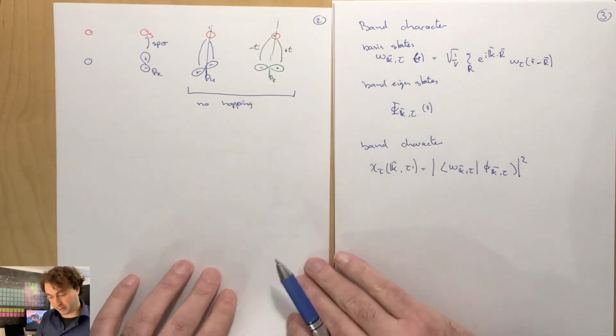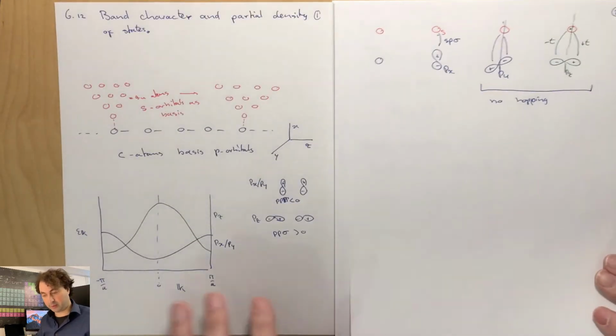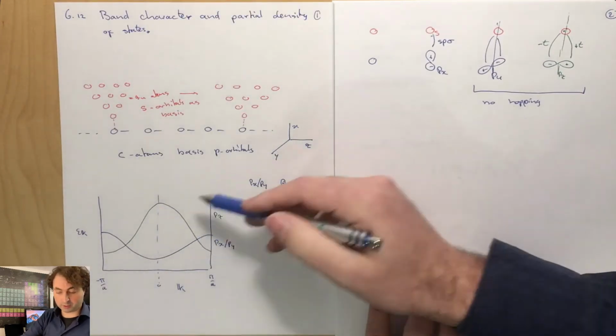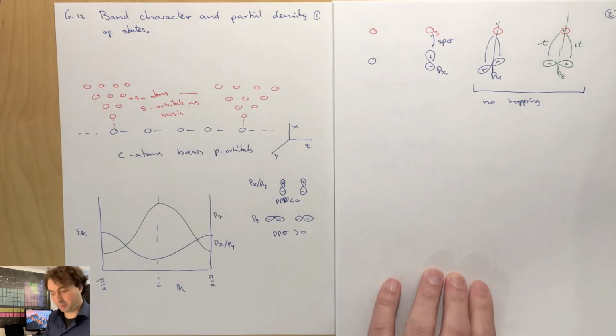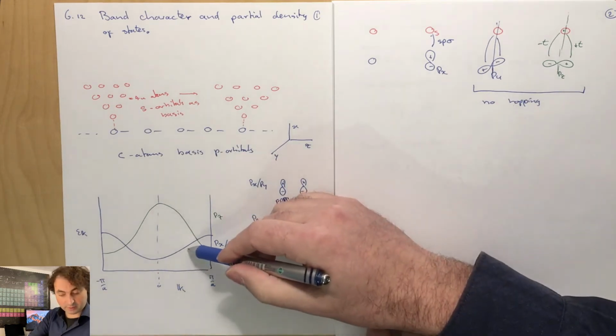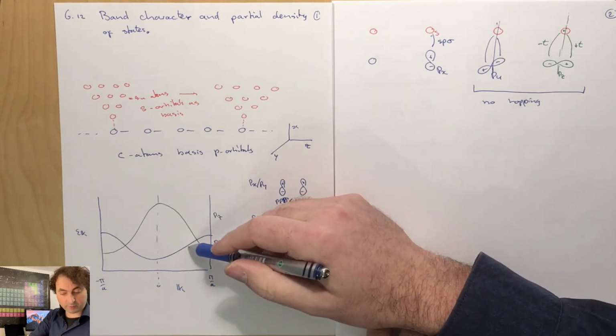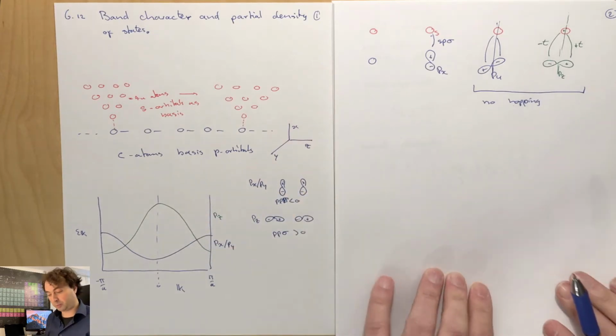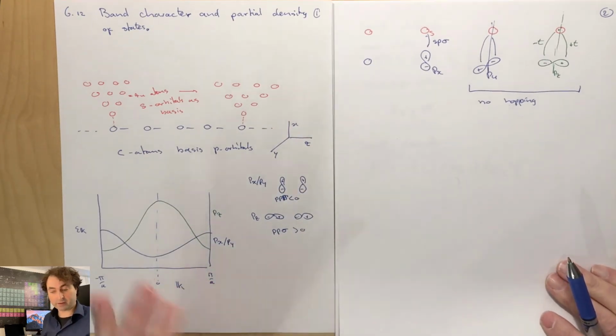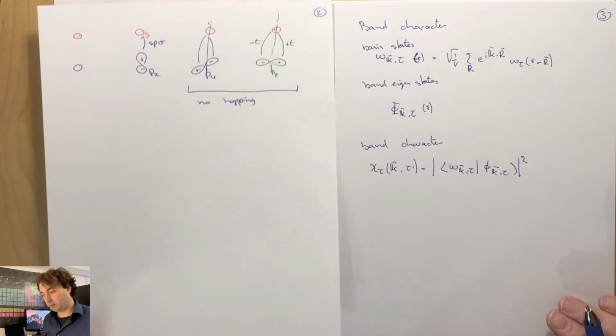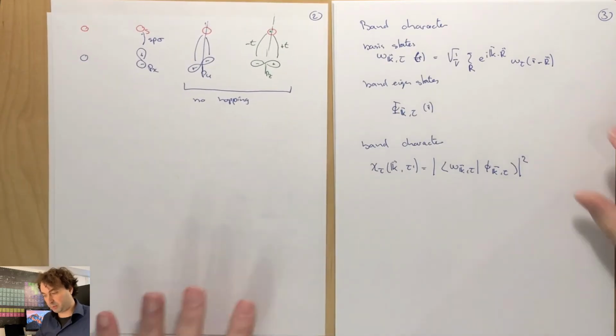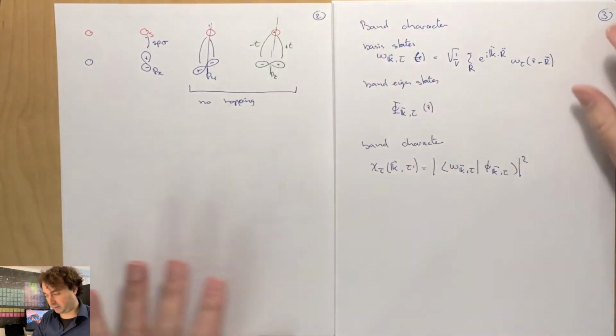And in our example of a one-dimensional chain with p orbitals, because there is no interaction between the px, py or pz orbital, these bands are of pure px or py character, and this band is of pure pz character. But when there is an interaction between them, you will see that your band eigenstates become of mixed orbital character.